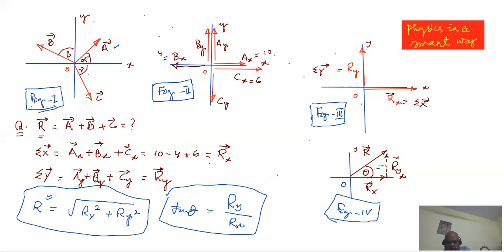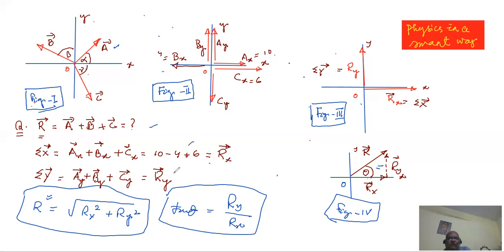Some of you might be wondering, okay, but I require 4 diagrams and all those things. These 4 diagrams I have illustrated to make my case very clear so that you will know the fundamentals or the basic idea on the issue. But every time you don't have to go through all those 4 diagrams. You have to go through the steps, but not the 4 diagrams, because once you have adopted the idea or made it a habit of breaking a vector into x and y component, many things will be done in the mind.